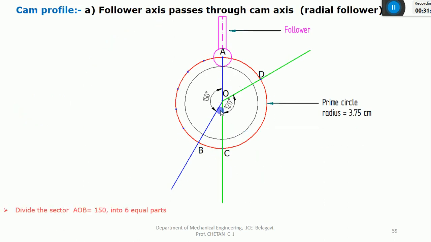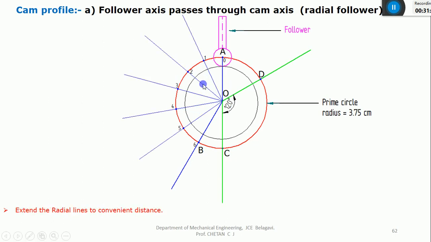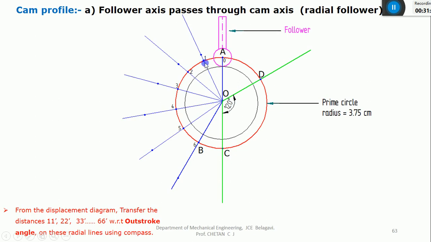And I have divided this outstroke into 6 equal parts, that is 150 by 6, that is 25 degrees, on the prime circle only. Is the next step. Then these are the 6 divisions. Extend them and transfer the distances from the displacement diagram corresponding to the outstroke angle.